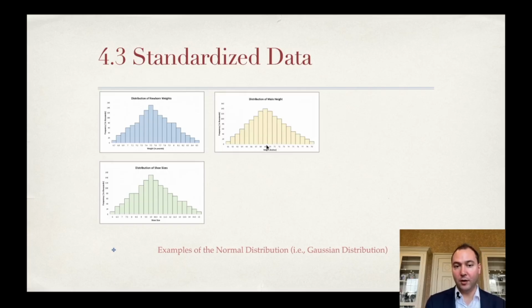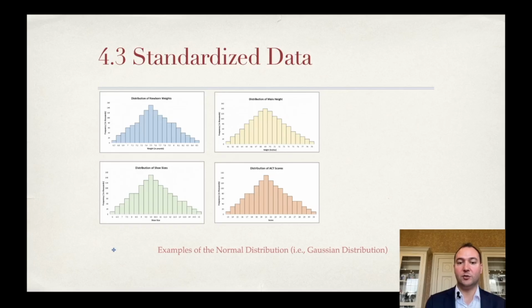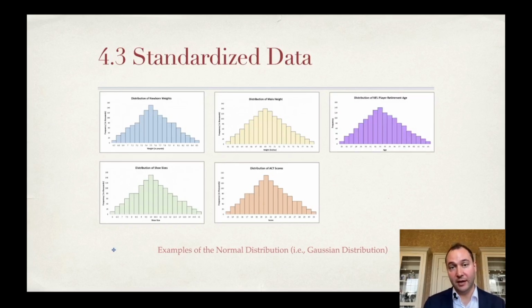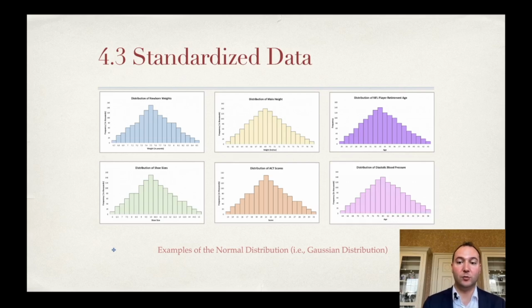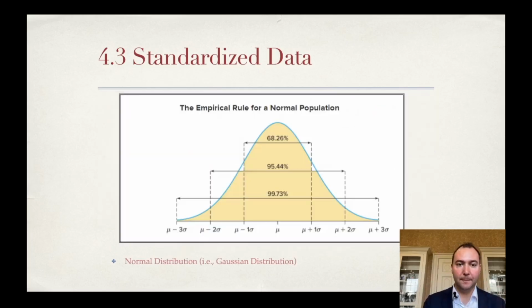Most men are about 69 inches high, and we see the frequency on the y-axis again. The same goes with ACT scores, retirement age of NFL players, and blood pressure. Okay, so what we see here is we're measuring totally different things, but we end up with the same distribution.